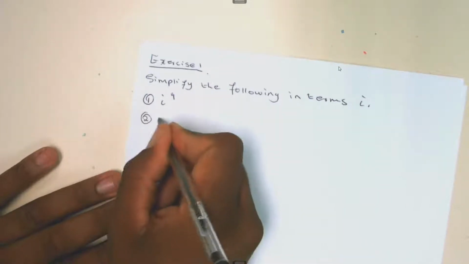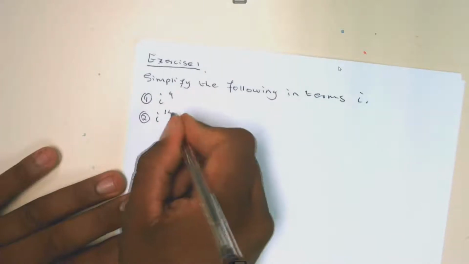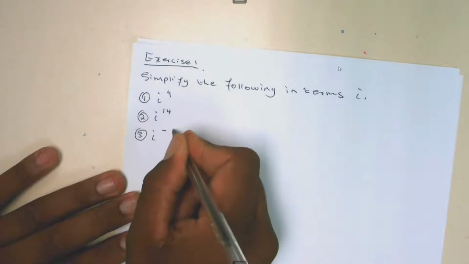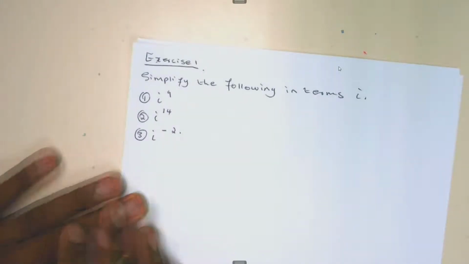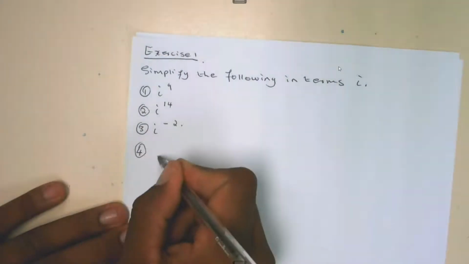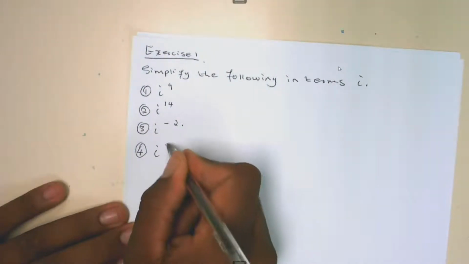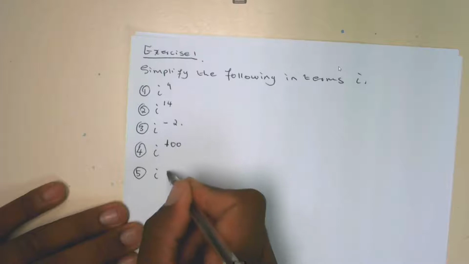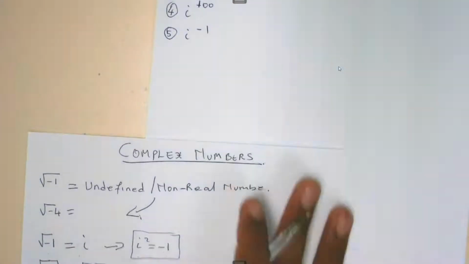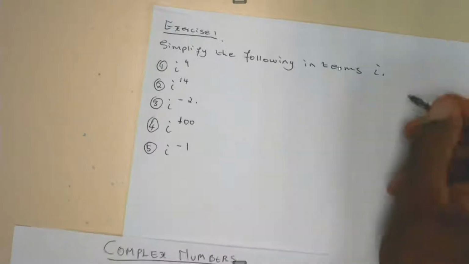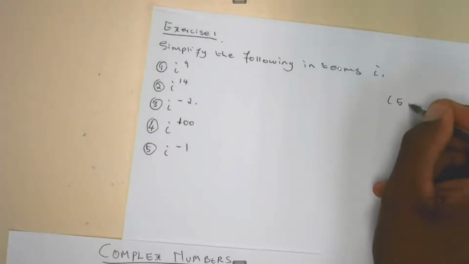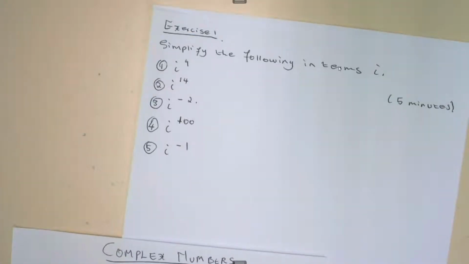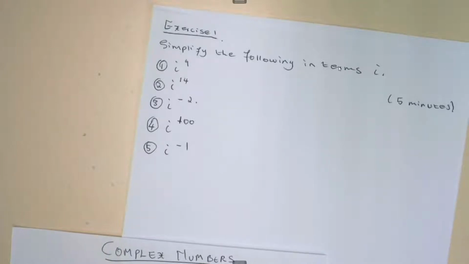Number 2, we have i to the power of 14. Number 3, we have i to the power of negative 2. We have such numbers, right? 4, we have i to the power of 100. And the last one, we can say i to the power of negative 1. You'll have about 5 minutes to do this so that we can move forward with our presentation.